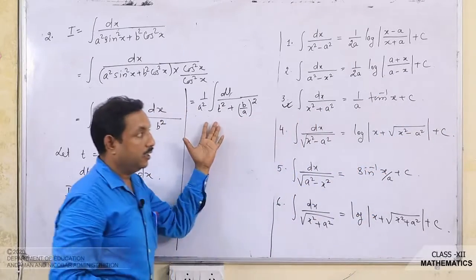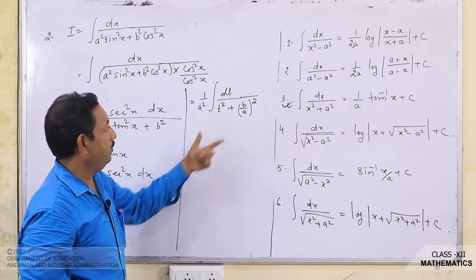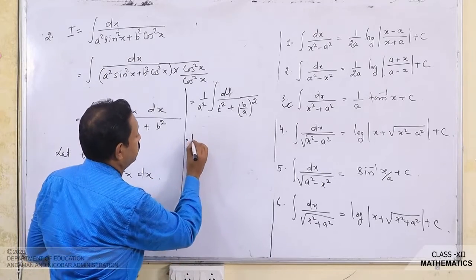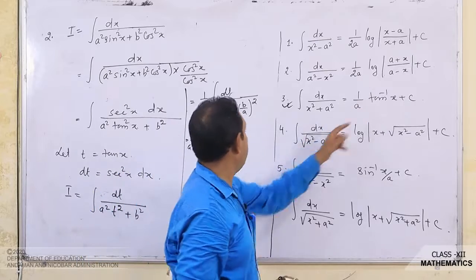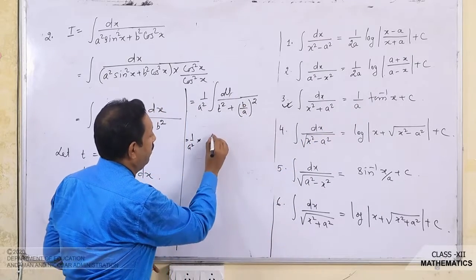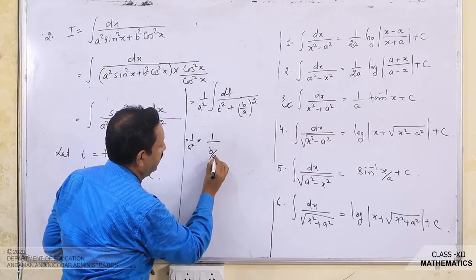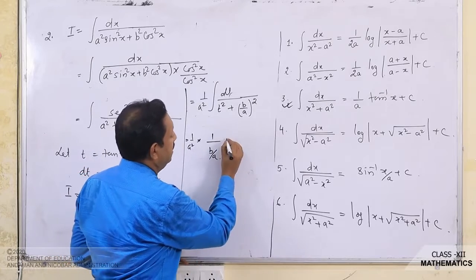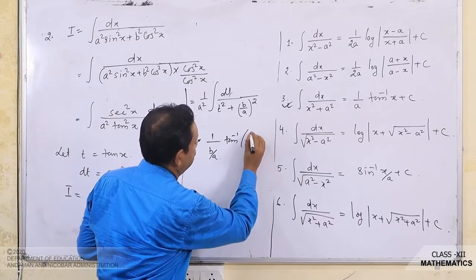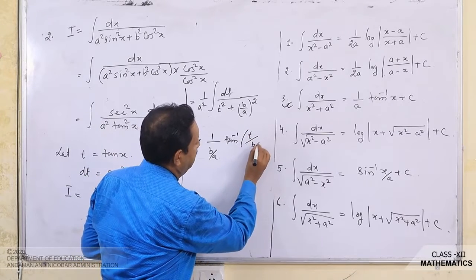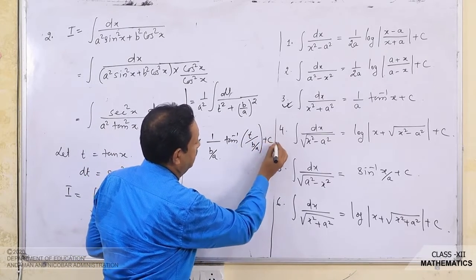Now we can write the integration of this one as 1 by a square as it is. Then 1 by a means here 1 by b by a, and that is tan inverse of x by a, where x is your t, and a means b by a, plus c.